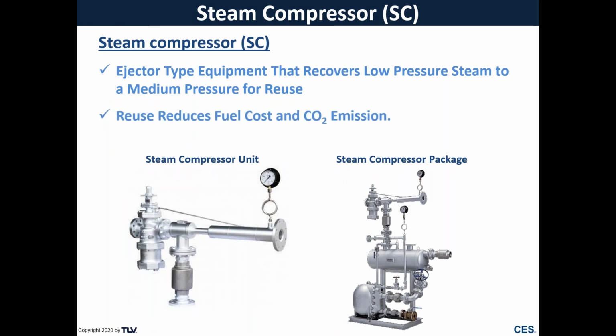So the reuse of the steam can reduce fuel cost and CO2 emission. Similarly to a vent condenser, the result is similar. We're keeping the energy in the system. It's just going about doing it in a different way.